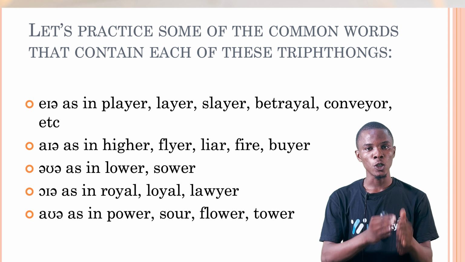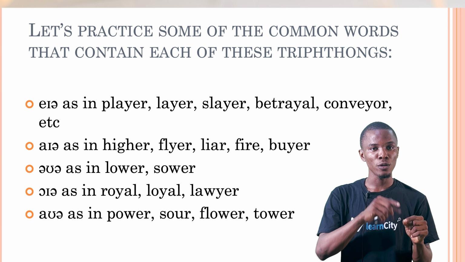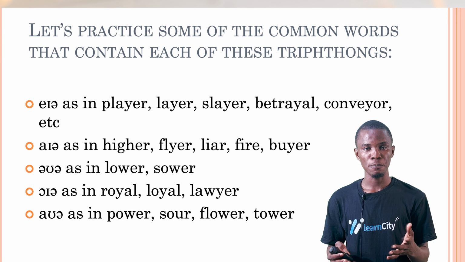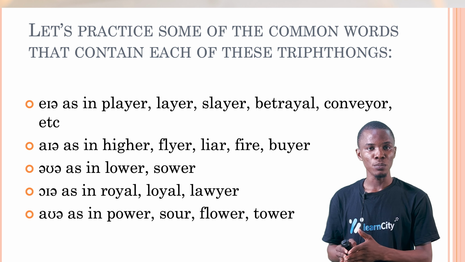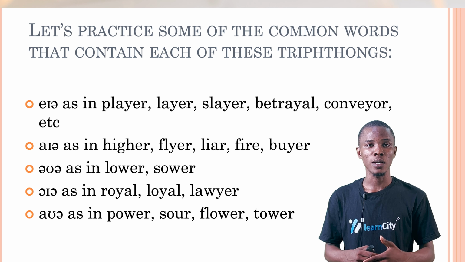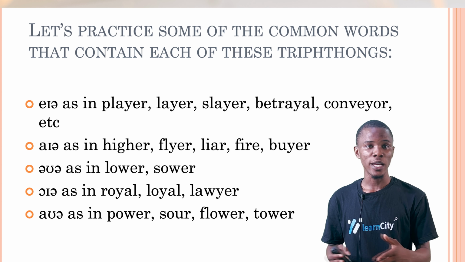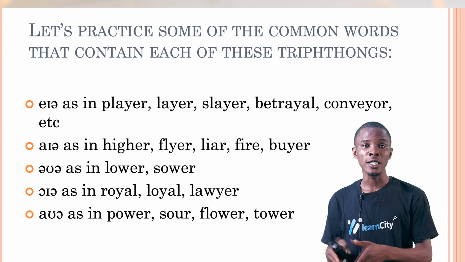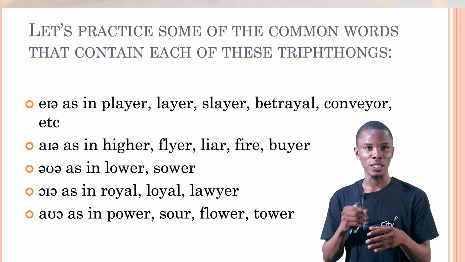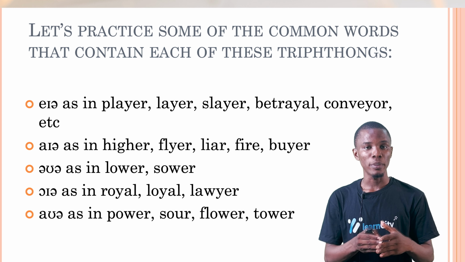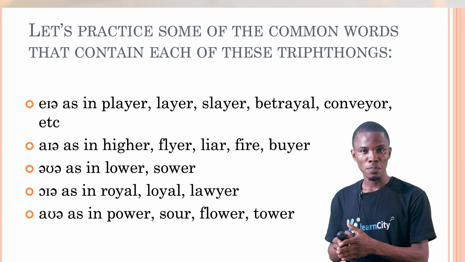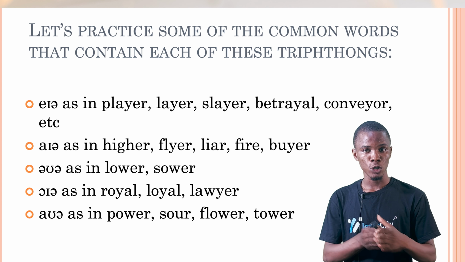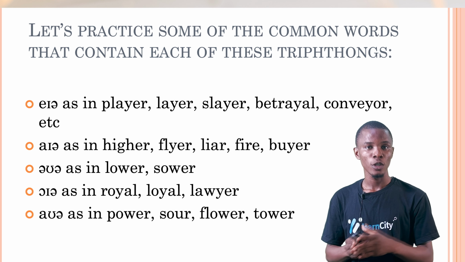I'm just trying to tell you that there is a glide from one vowel to the other and from the other to the last vowel. But for some people, you're going to just hear something like player, layer. But there is a glide. So player, layer, slayer, betrayer, conveyor.